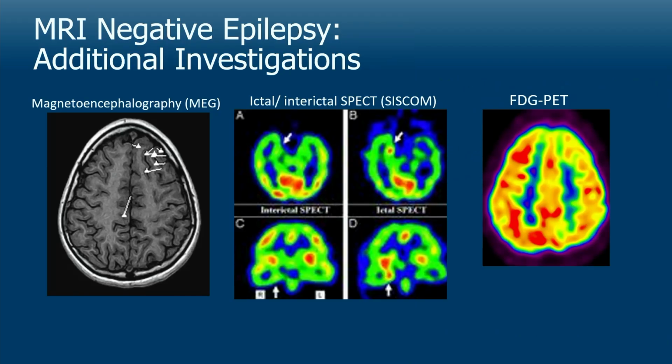So what are these additional tests that they recommend? They recommend that one of these tests should be done, such as magnetoencephalography, SPECT, or PET scan. Usually the SPECT and the PET scans are displayed in colors to help identify subtle changes in the metabolism or perfusion of the brain, to help us identify subtle abnormality.